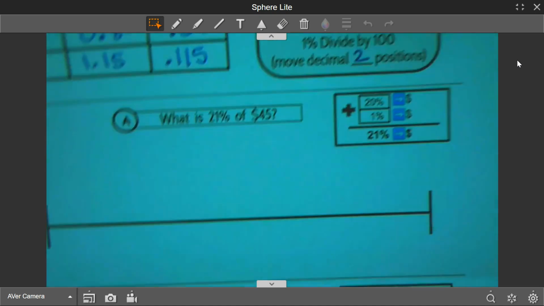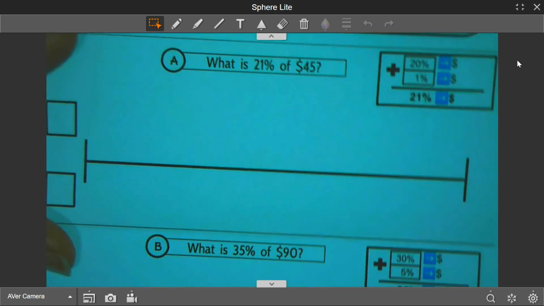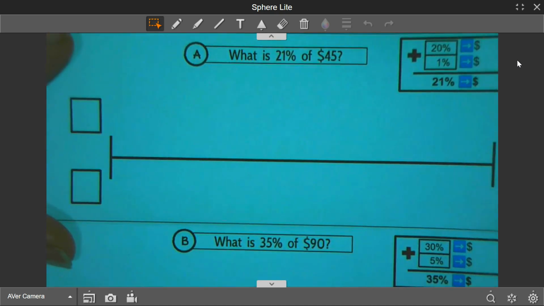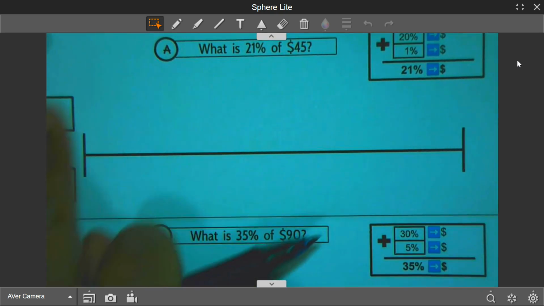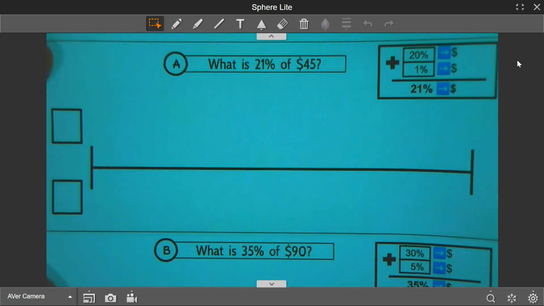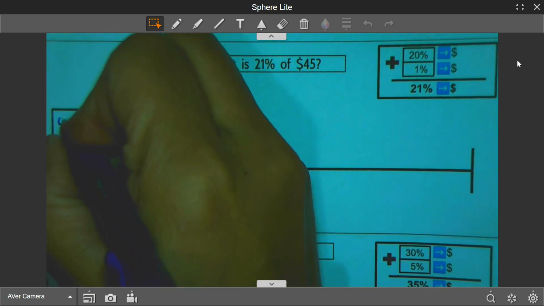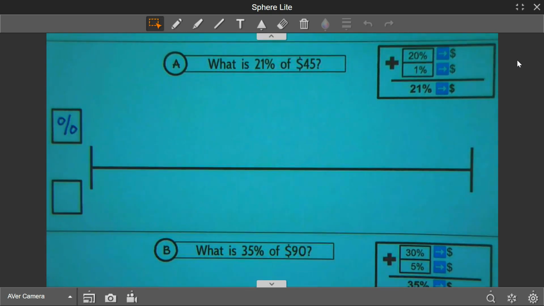All right, so let's take a look at A. Now, the challenge is, how do I complete the double-sided number line? The first thing we need to remember is that the top numbers represent percent.